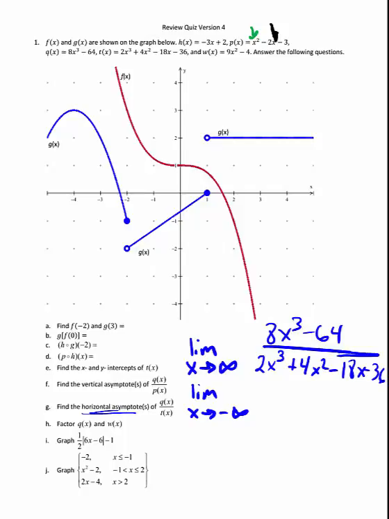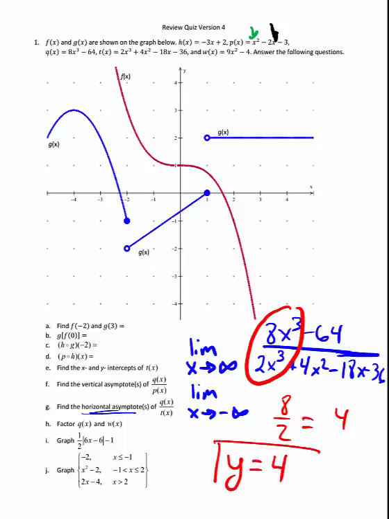And we're looking for our biggest exponent, which is 3. And when it's the same in the numerator and the denominator, we just do that a over b case, so it's 8 divided by 2, or 4, and so we're going to get y equals 4. Make sure you write this as y equals 4, and not just 4.